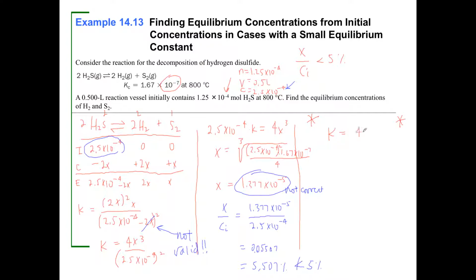K is equal to 4x cubed, right? See, I'm taking this over here and rewriting it. 2.5 times 10 to the minus 4 minus 2 times, this x we don't know, I'm going to assume that this is this one here, 1.377 times 10 to the minus 5.